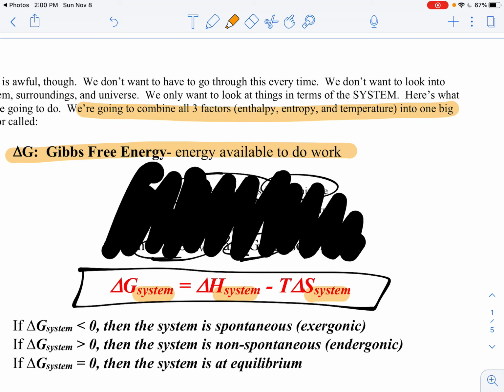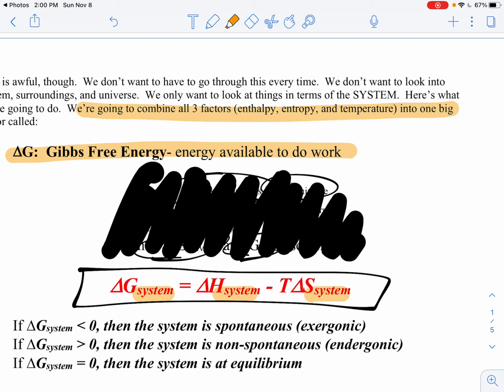Now what do I have here? 298 times 0.112 is 33.4. So delta G is equal to negative 182 kilojoules minus 33.4 kilojoules, because the Kelvins cancel out.